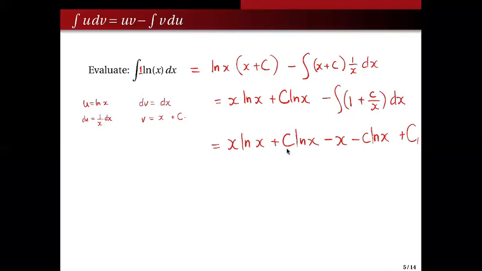Now notice, you have here c ln of x minus c ln of x. Take note that the c here are the same. It's from your x plus c. So this c here is the same as this c here.